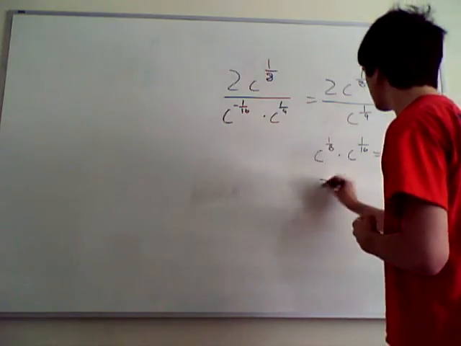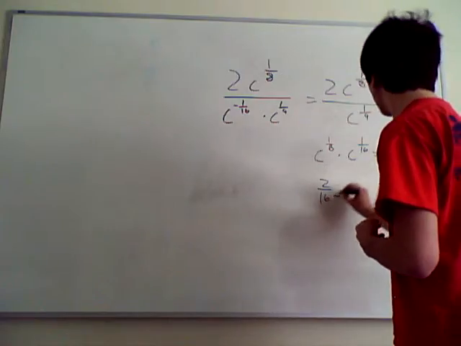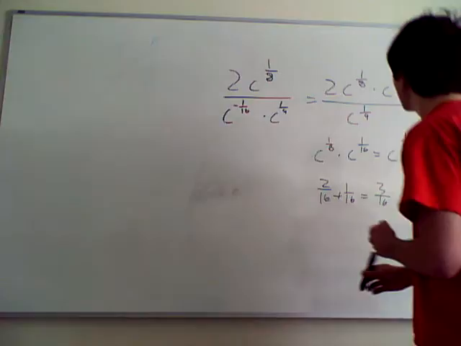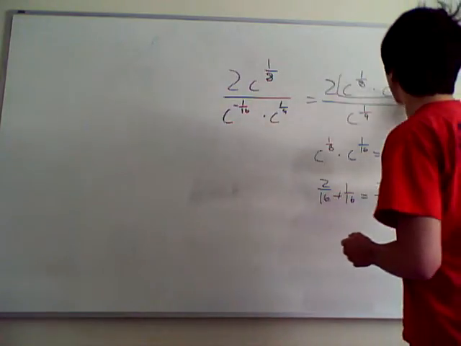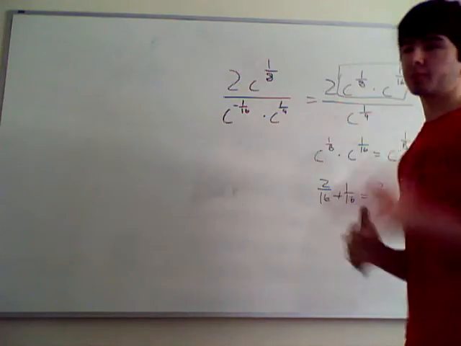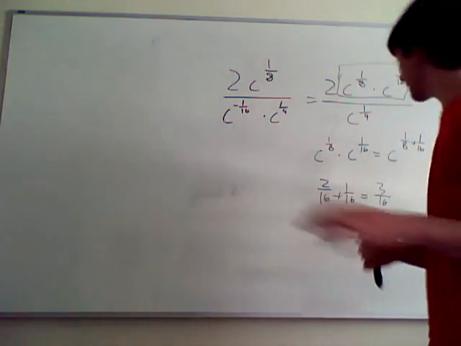And so that is 2 over 16 plus 1 over 16, which is 3 over 16. So the 2 is not affected at all by this, because the 2 is just a coefficient of the c, don't worry about that.